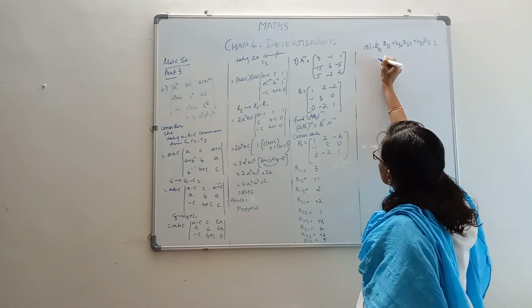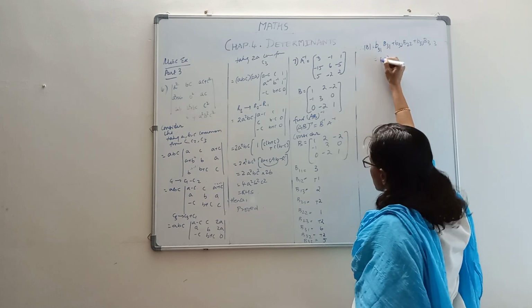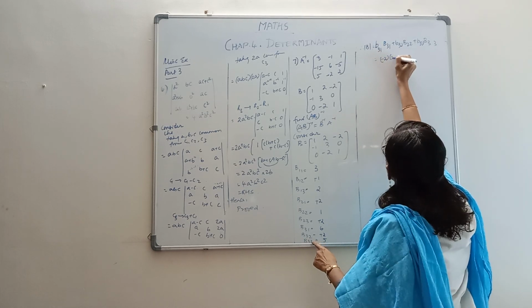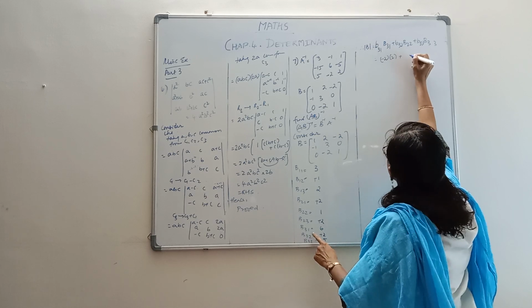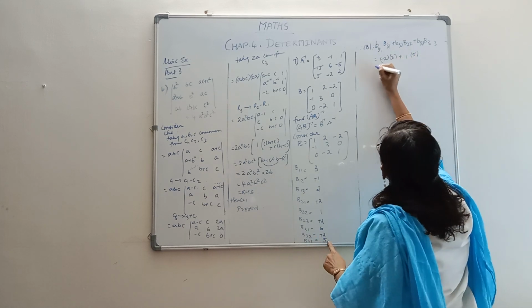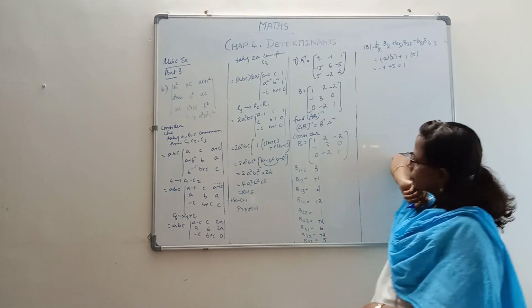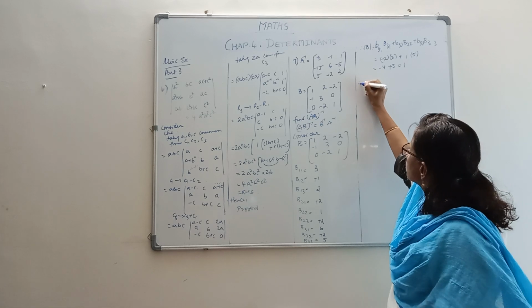Let's get the entries here. B31 is 0, no need to take. B32 is minus 2, and its corresponding cofactor entry here is 2. B33 is 1, and the cofactor for it is 5. So, minus 4 plus 5, value is 1. So the determinant of B is 1. That solves much of our problem.